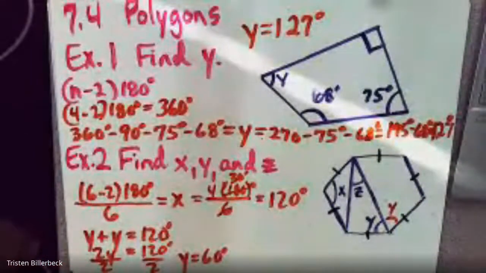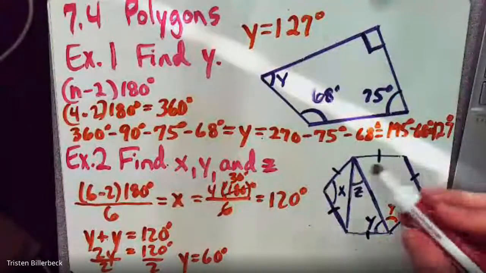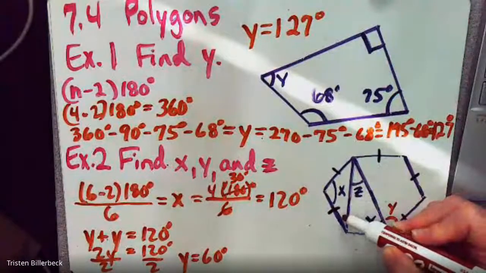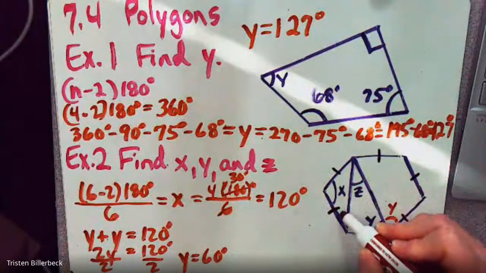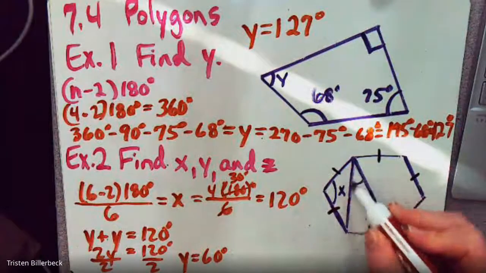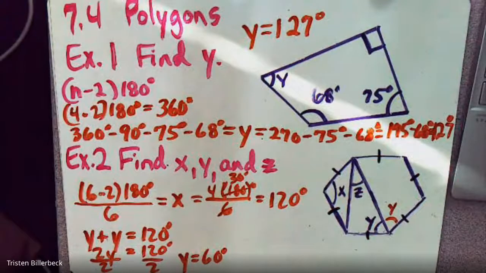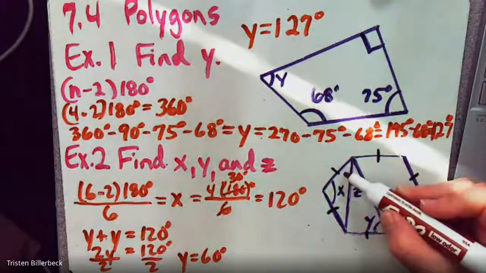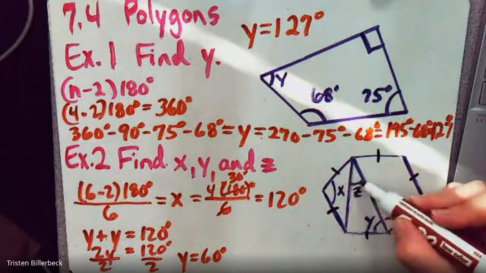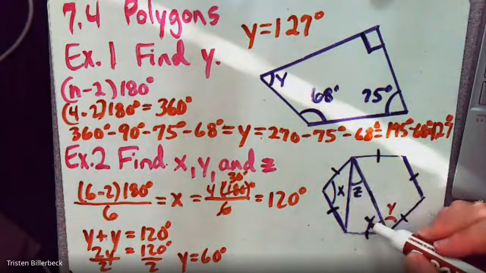All right, so now we have 60 degrees here. We need to figure out what this angle is here. We know that these angles here and here are equal because it's an isosceles triangle. And once we have that, we know that this is 60 degrees, the whole thing, so we can subtract this angle from the 60 degrees.